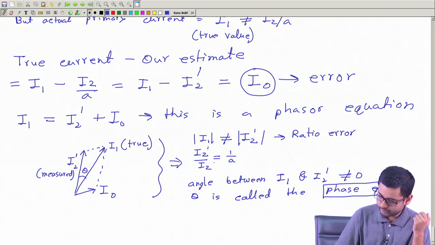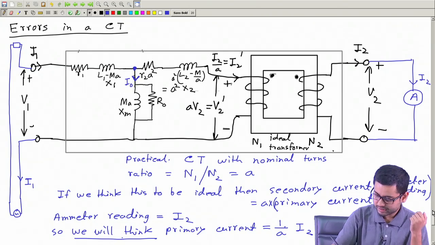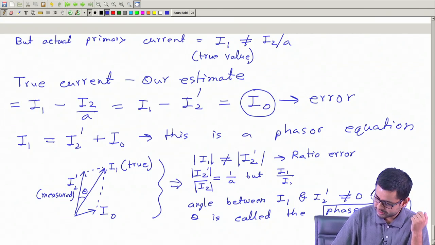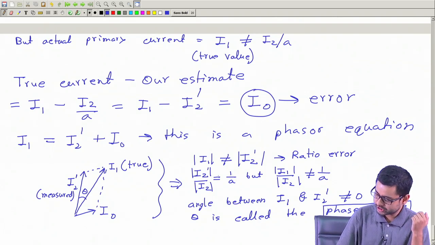I2 prime by I2 is 1 by A. But I1 by I2 is not equal to 1 by A, because I1 is not equal to I2 prime.